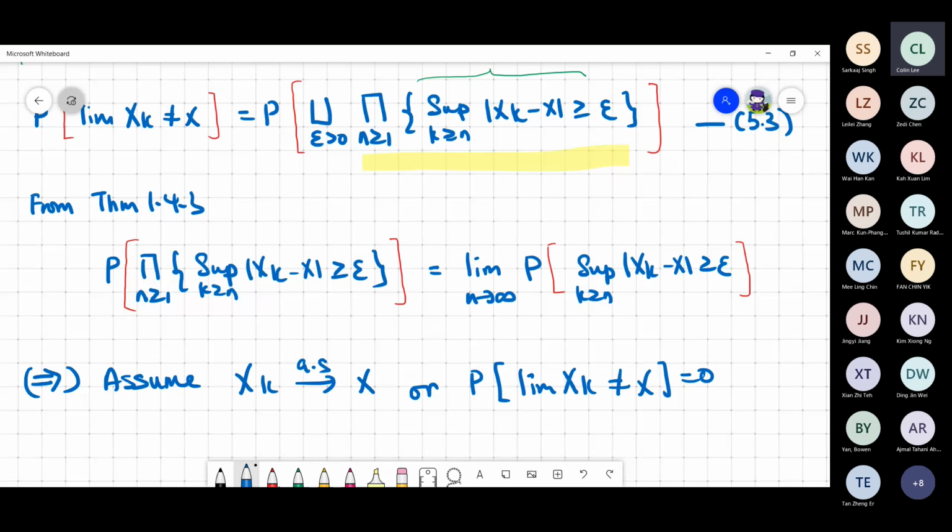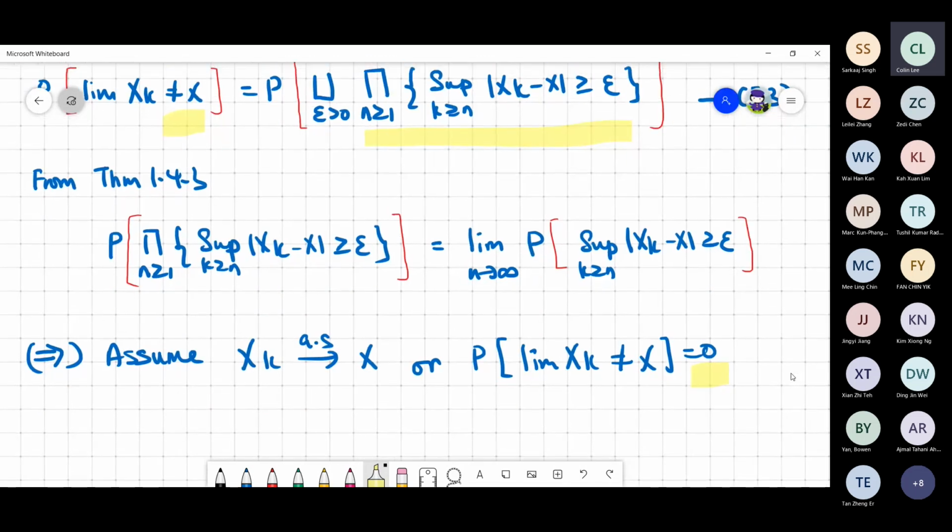So we assume this. If this is 0, according to here, that means the left hand side here will be 0. So that means the right hand side must be 0.